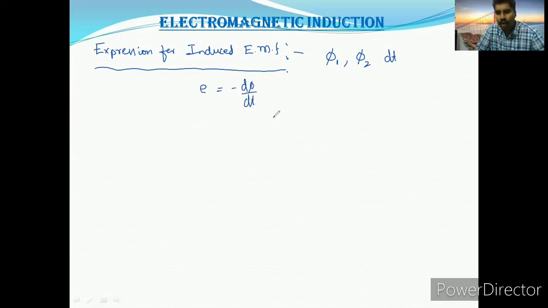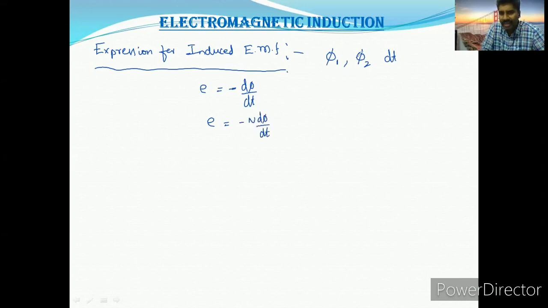This is according to Faraday's law and Lenz's law. Lenz's law will tell the direction. Faraday's law will tell the rate of change of flux, which is what induces the EMF. Now, if n number of coils are there, we can write minus n d phi by dt.